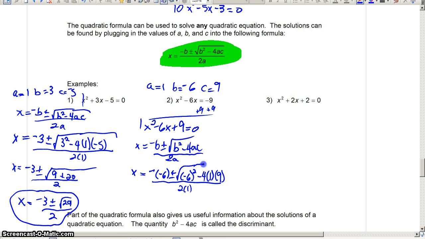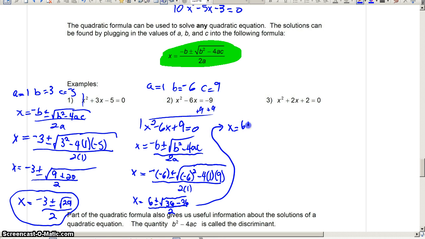Now, if we're really on our toes, we're going to notice that the negative 6 is a 6. Negative 6 squared is positive 36. 4 times 1 times 9 is a 36 also. This is going to look kind of funny. Look inside that square root. 36 minus 36 is going to get us 0.